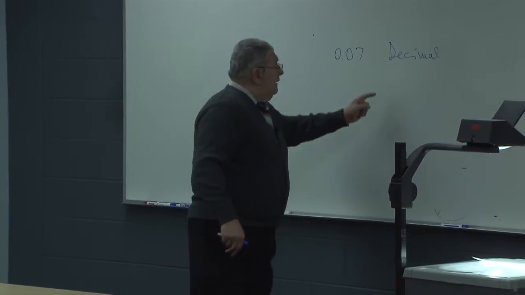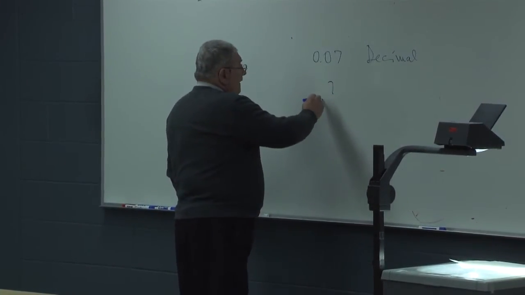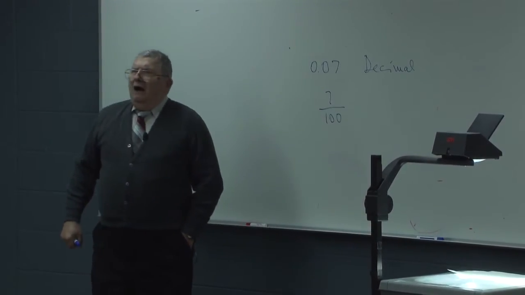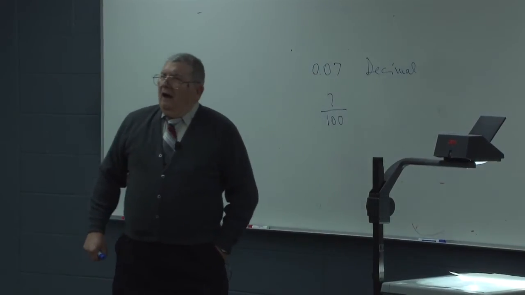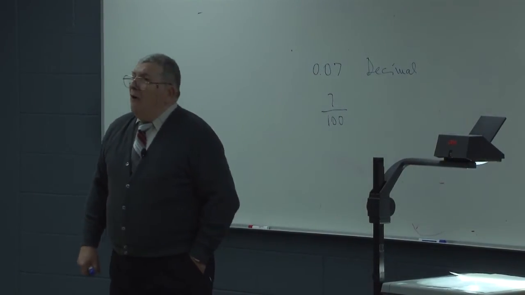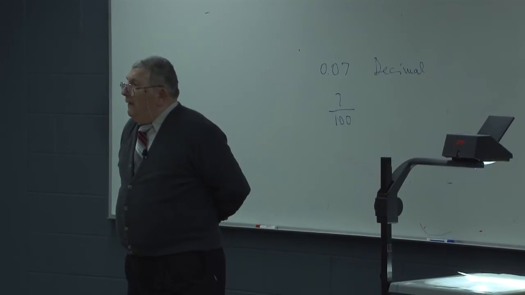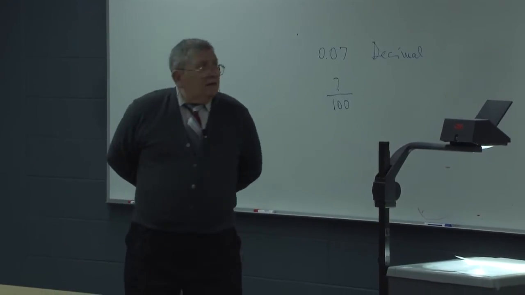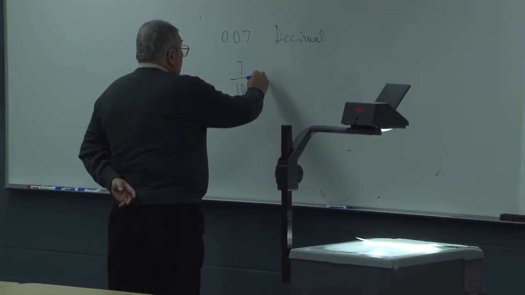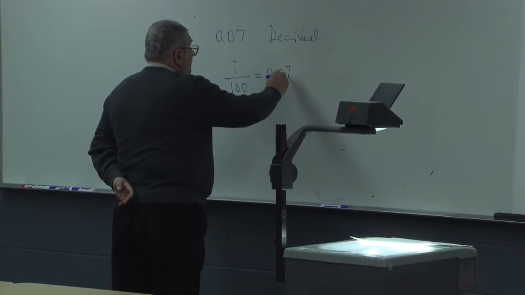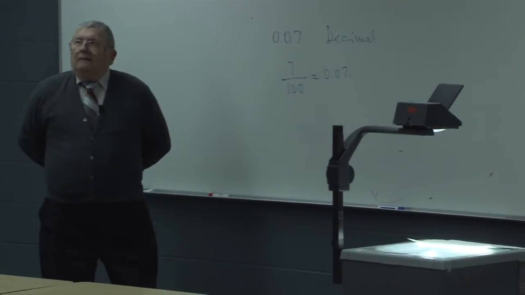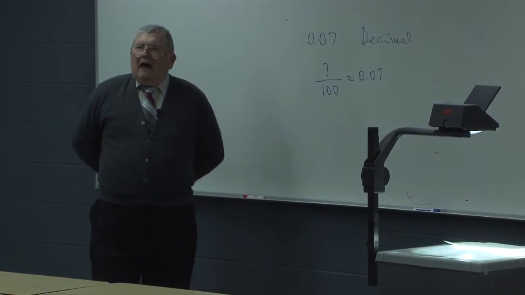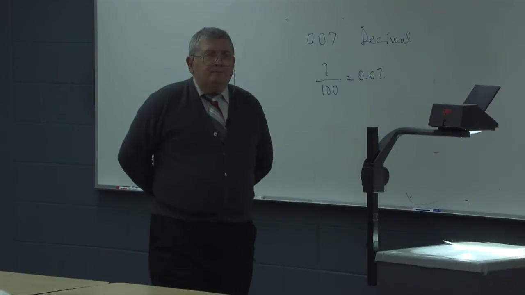When I'm dividing 7 by 100, I'm finding how much the bank gives me for $1, not for 100. So the bank is giving me 0.07 dollars per dollar. So it is not per 100, it is per 1.